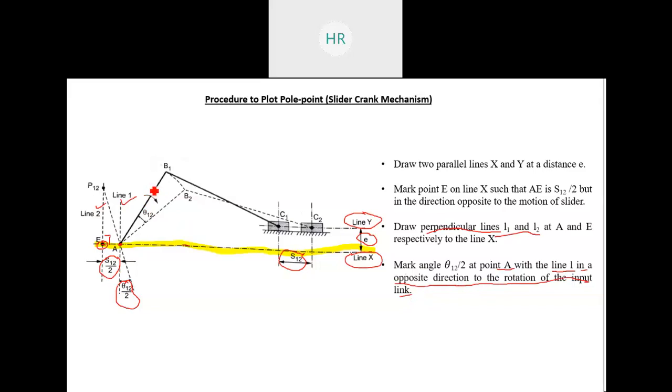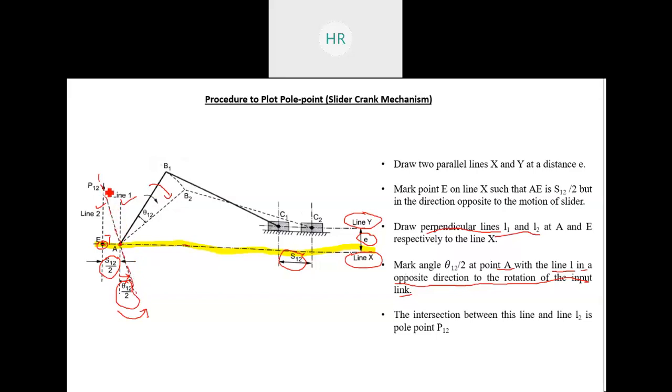Our input link is rotating in clockwise direction, so we will measure the angle theta 12 by 2 in counterclockwise direction. So from vertical in counterclockwise direction means in this direction, and at that angle we will draw this line.